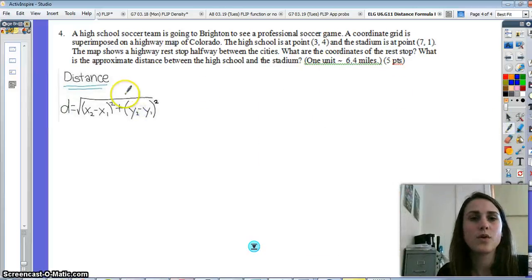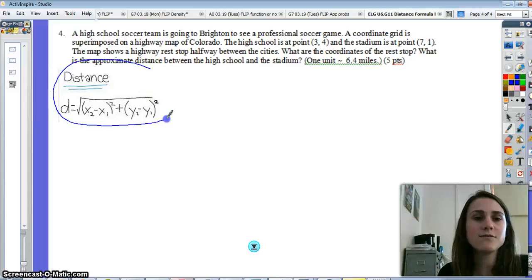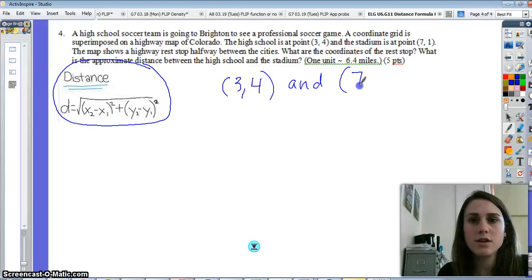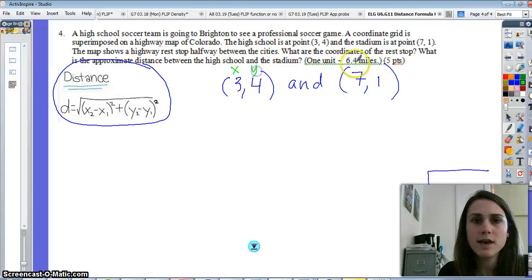So what do we do? Well, we can use the distance formula to find the distance between 2 points on a grid. So if these are my points, I'm going to start by giving them x and y. I'm going to call this point 1 and this point 2. Doesn't matter which one.